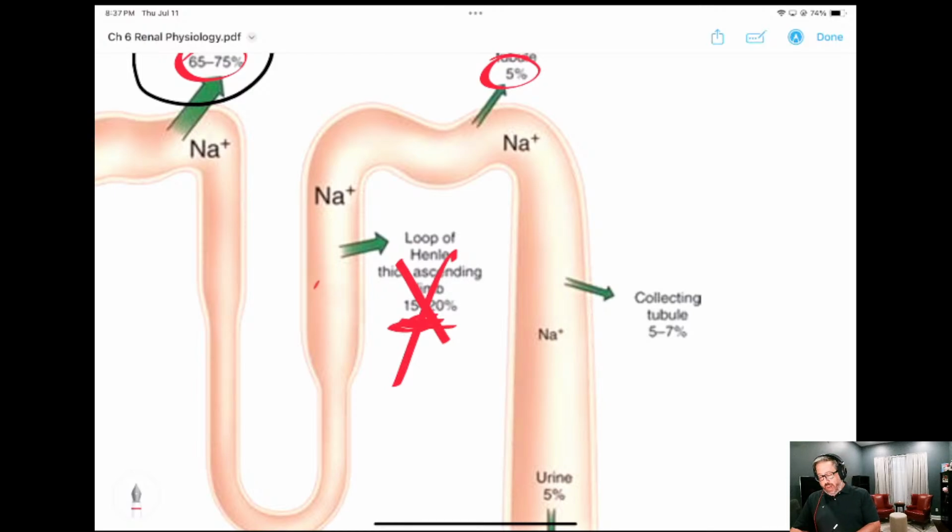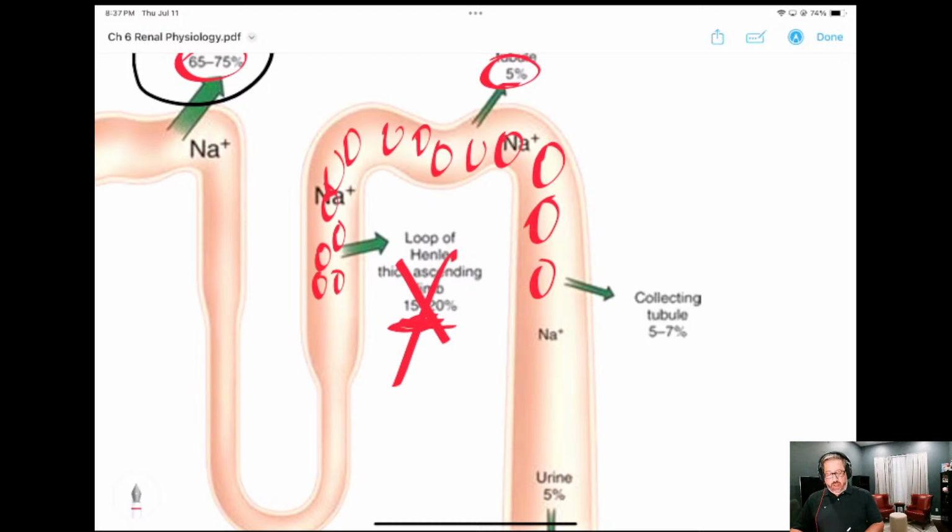So all this extra sodium that's floating around stays in the urine because it's not going to get reabsorbed there. Only 5% of it is going to be reabsorbed here. So all this extra sodium that's staying in here gets to this part in the common collecting duct. So that's where this sodium dump is coming from.